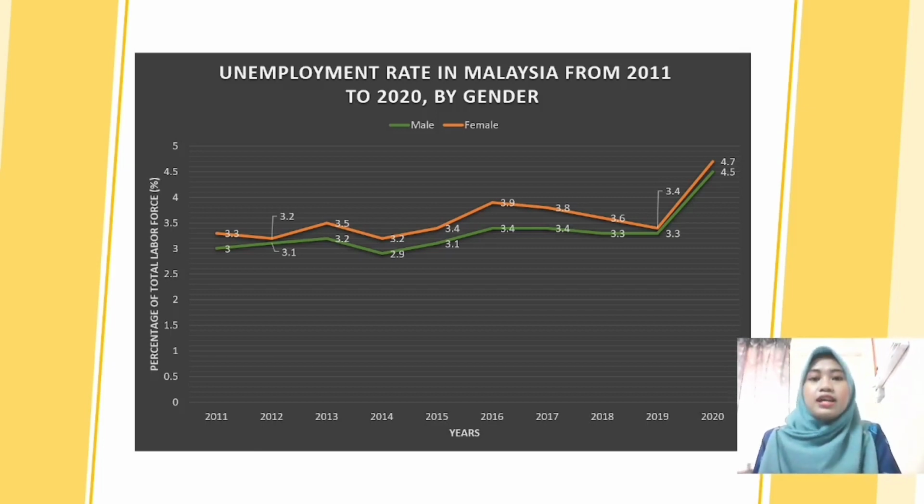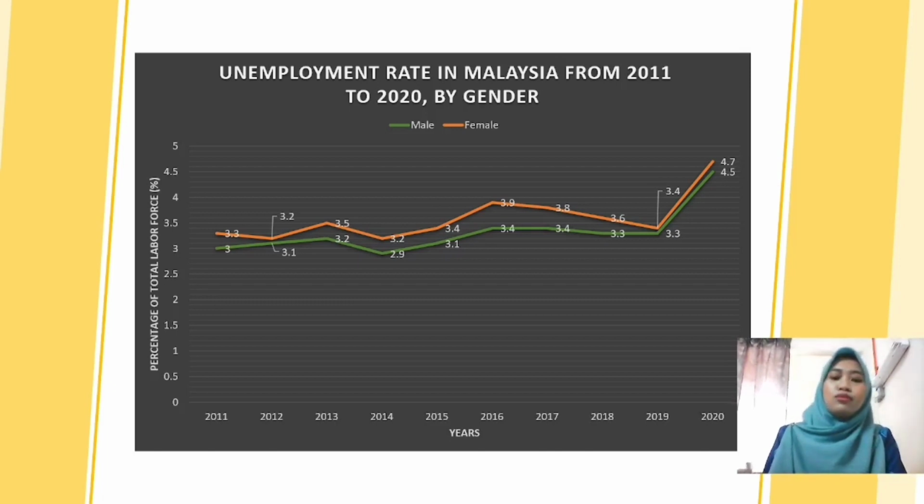This gives us an indicator that there was economic distress in Malaysia during the year 2013. However, the unemployment rate for both genders declined in year 2014, with the rate for males dropping to 2.9%, while for females it fell slightly to 3.2%.